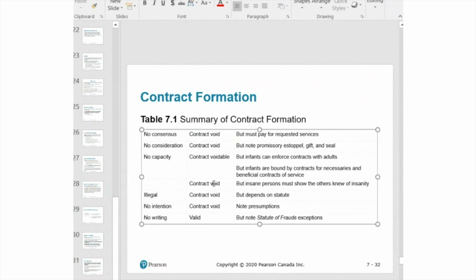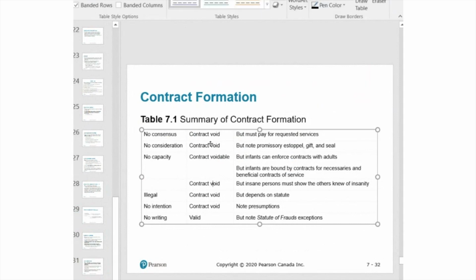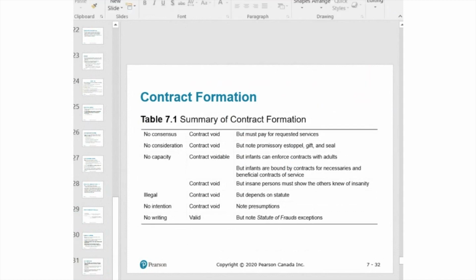It could be void with insanity, but mostly voidable. However, the other elements, consensus, consideration, legality, intention, make a contract either void or invalid. So those are the 5 required elements for a contract to be valid.